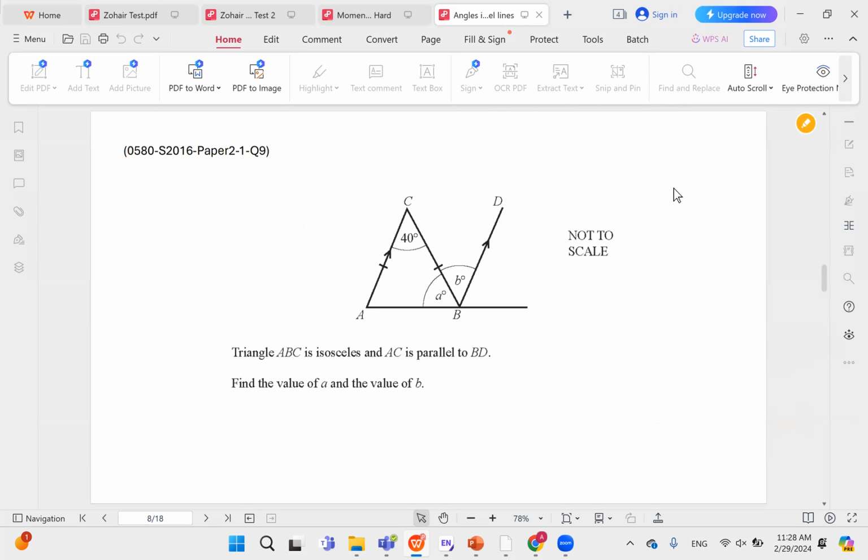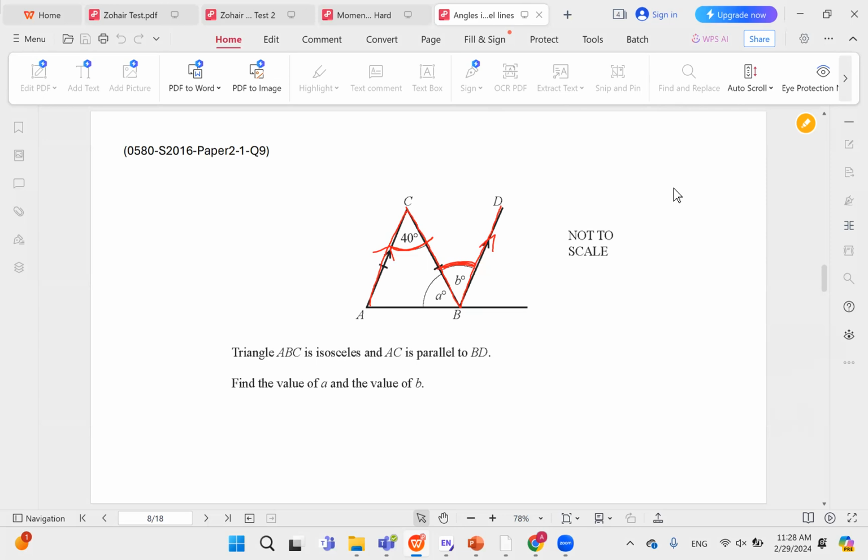Triangle ABC is isosceles and AC is parallel to BD. Find the value of A and the value of B. So first of all, we exploit the Z shape that we can see here. And this is the third type of angle formed by parallel lines. So since these are parallel, these angles are congruent alternating interior angles.